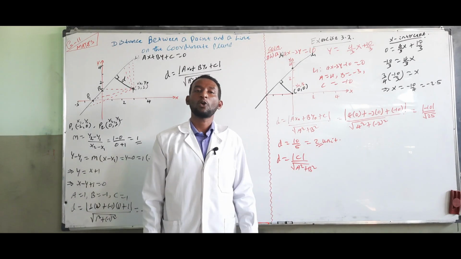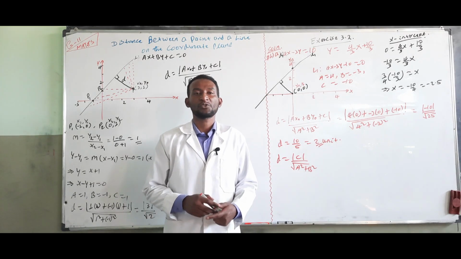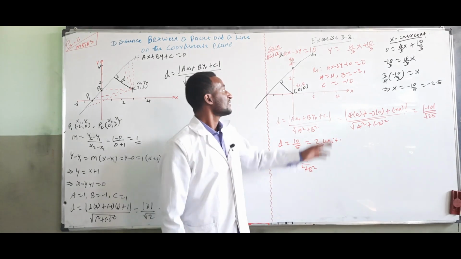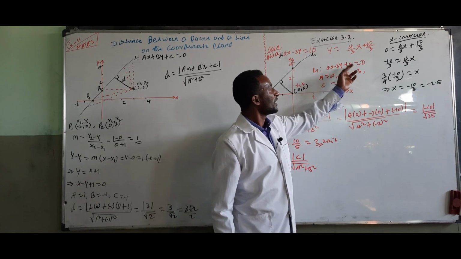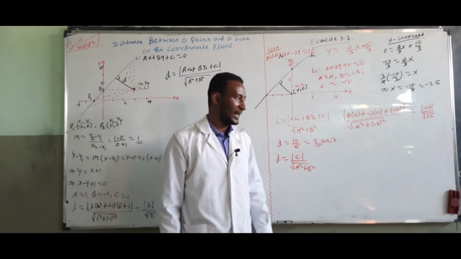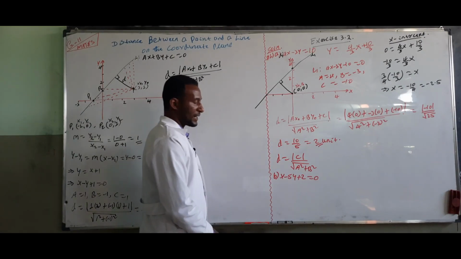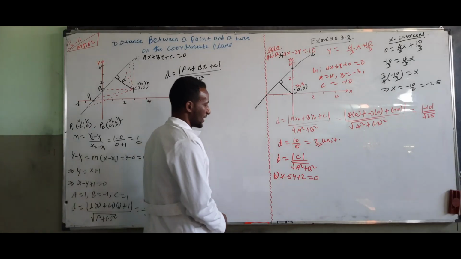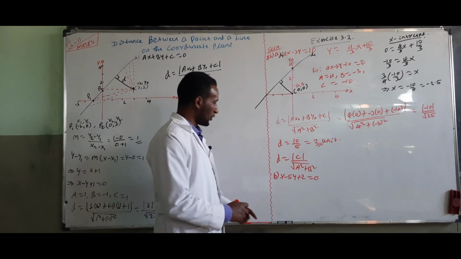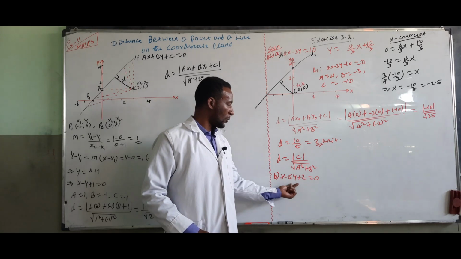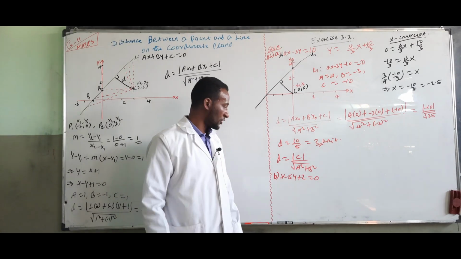Here a is the coefficient of x, b is the coefficient of y, and c is the given constant in the general equation of a line. Question number 1, b says: what is the distance between this general equation of line and the origin?